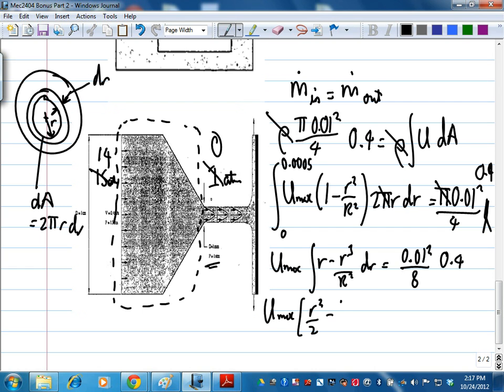Now integrate that. R to the 4 over 4 R squared, at 0.0005, from 0. Equals, what is this thing?